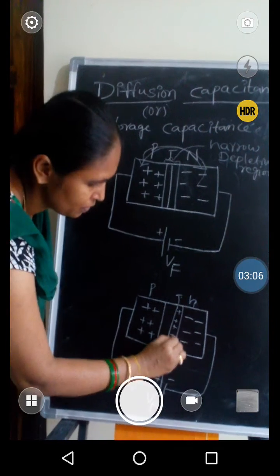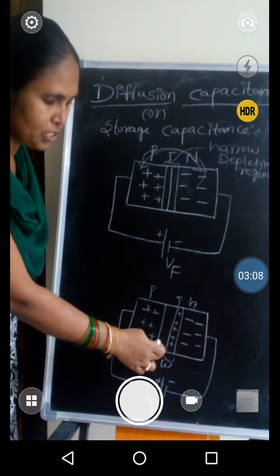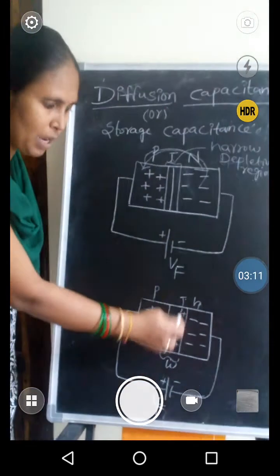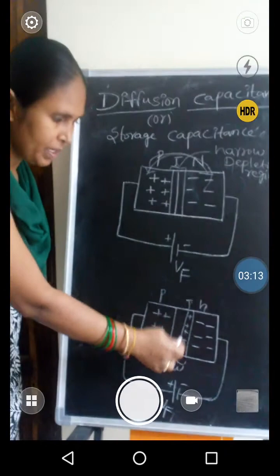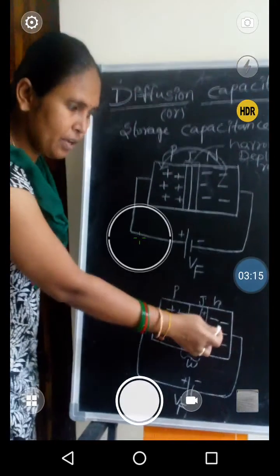Holes crossing the junction leave a concentration of positive immobile ions near the junction in the n-type region.